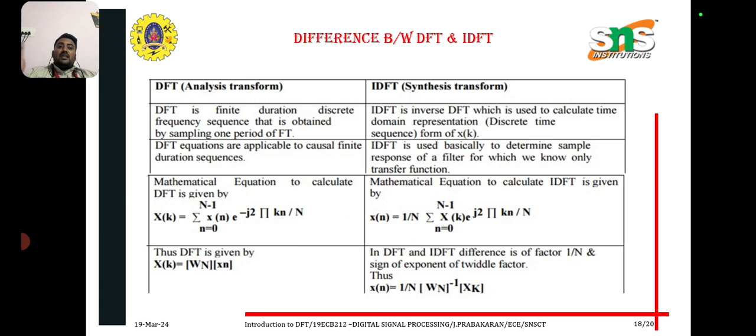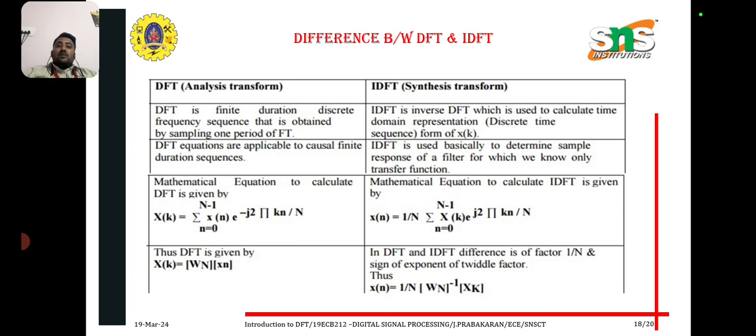And the difference between DFT and IDFT. DFT is a finite duration discrete frequency sequence that is obtained by sampling one period of the Fourier transform. IDFT is the inverse DFT, which is used to calculate the time domain representation from the frequency domain.